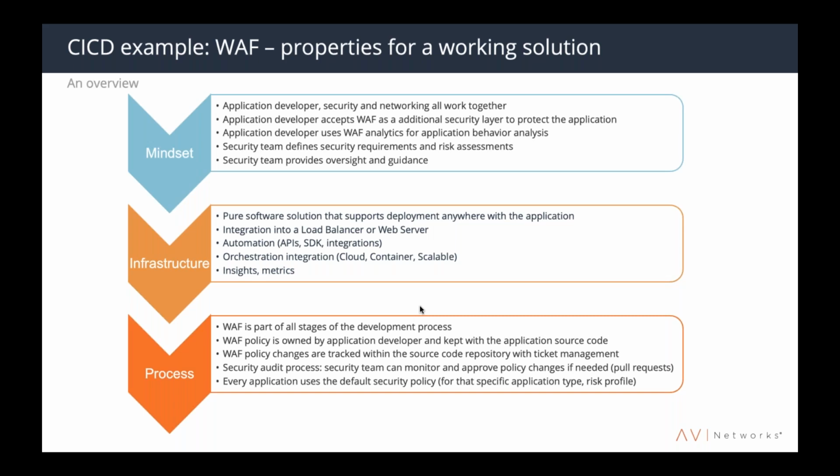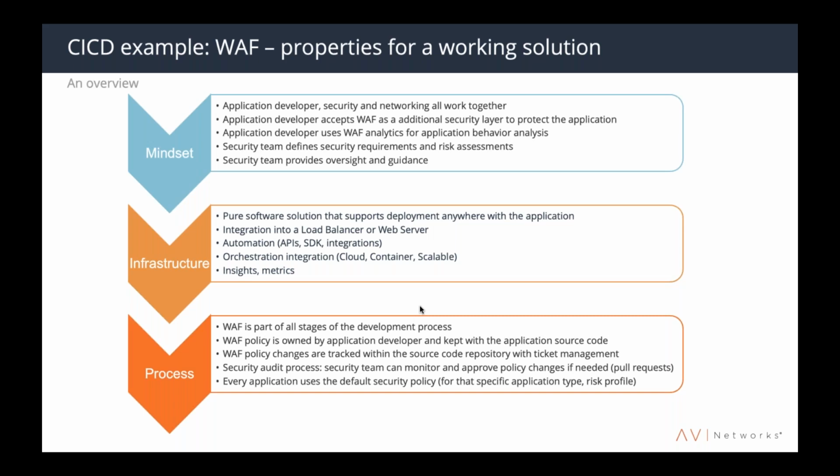So maybe APIs. For example, AVI has a full REST API. We have a Python SDK, Go SDK, and other integrations, or Ansible tools, for example, Terraform. All of that needs to be available to support the organization. Orchestration integration needs to be there. So if you have a scalable application, the infrastructure needs to scale as well.